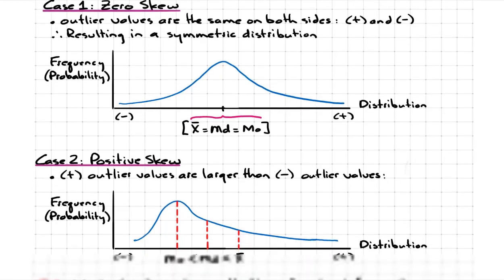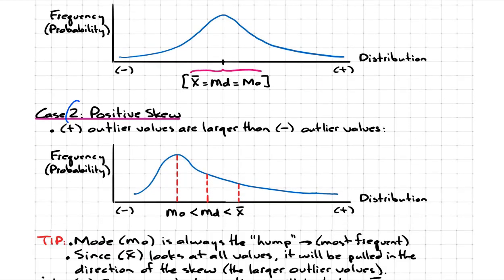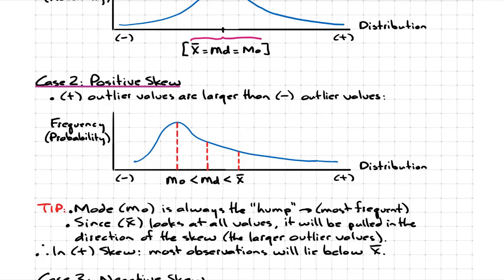But now look what happens when we change the skew. In case 2, we have positive skew. What positive skew means is that the positive outlier values are larger than the negative outlier values. Here's the distribution. Here are the positive values, and more specifically, these are values above the mean, whereas these are values below the mean.